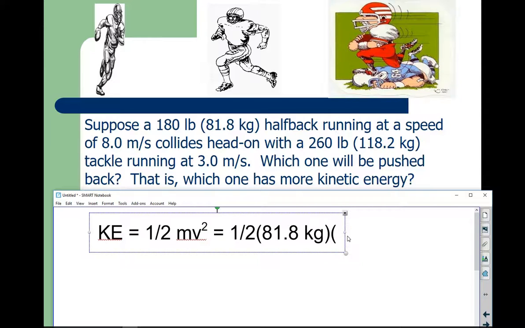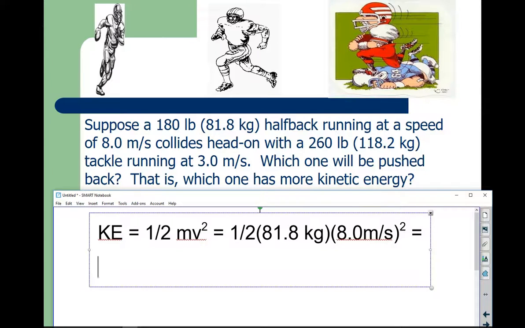And then we're going to have the velocity, which is 8.0 meters per second. And we're going to square that. So would somebody put that in their calculator and let's see what we got. We're going to set up the other one just the same way. So while you're doing that, before anybody gets it done, I'm going to try and put in the other one.